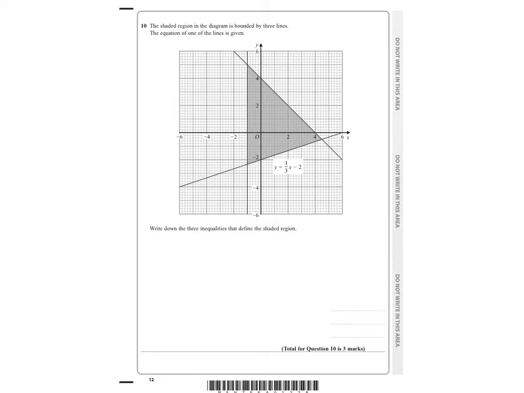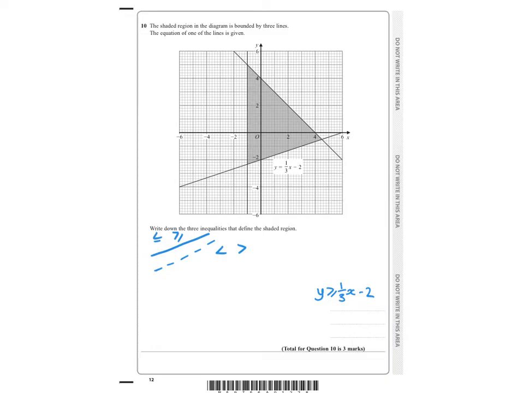So we can already write down our first inequality region. Okay, how do I know that it's greater than or equal to? It's because it's a solid line. If the line on the graph was dashed, that means our inequalities would just be less than or more than. Okay, the reason why it's greater than or equal to is because the line is solid. We have a solid line that's less than or equal to or more than or equal to.